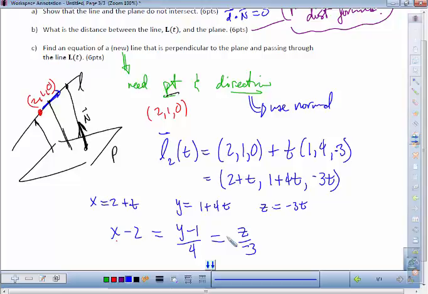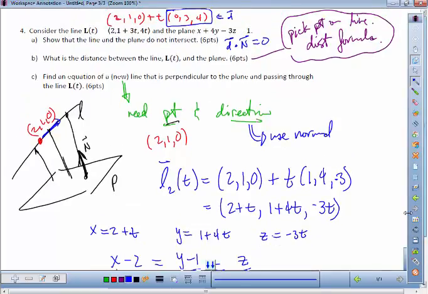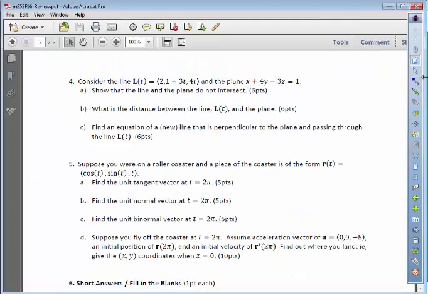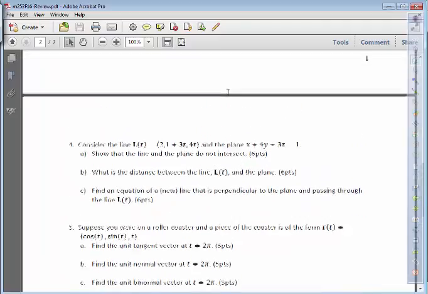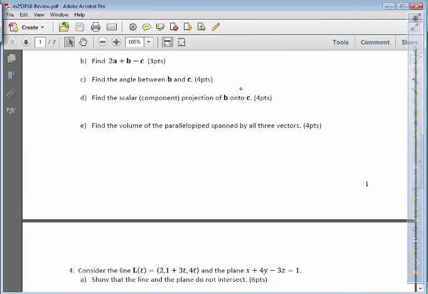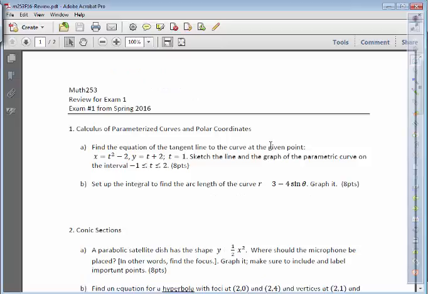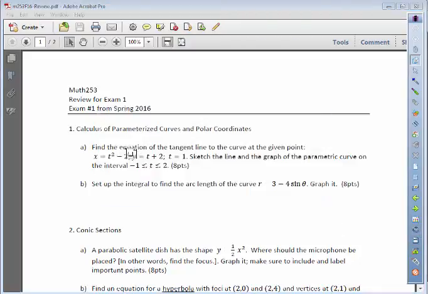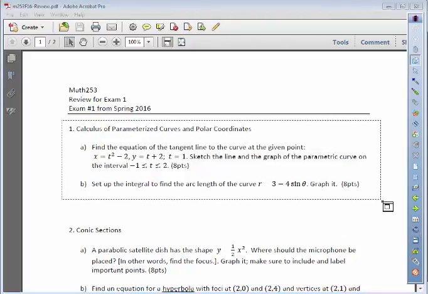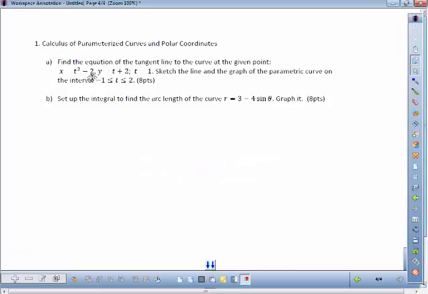Okay, let's take a look at some of the other problems on this practice test. Let's just give some hints here.